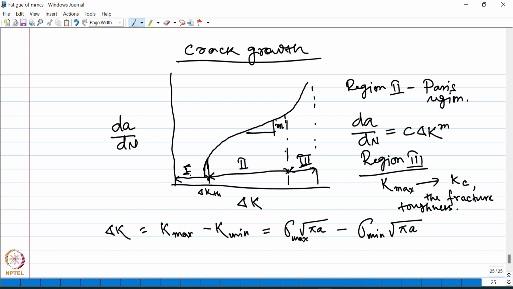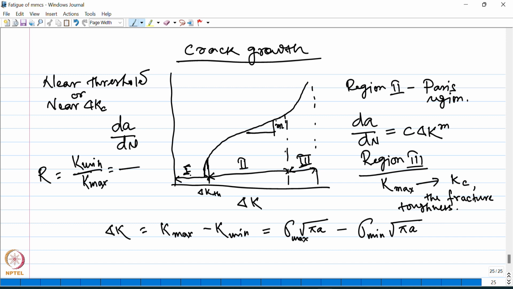And the other important thing that can be noted here is that in the near threshold or near delta Kc regimes, the crack growth rate can be very sensitive to the microstructure and the load ratio R. Load ratio R can be given as K minimum by K maximum, which is also equal to sigma minimum by sigma maximum.